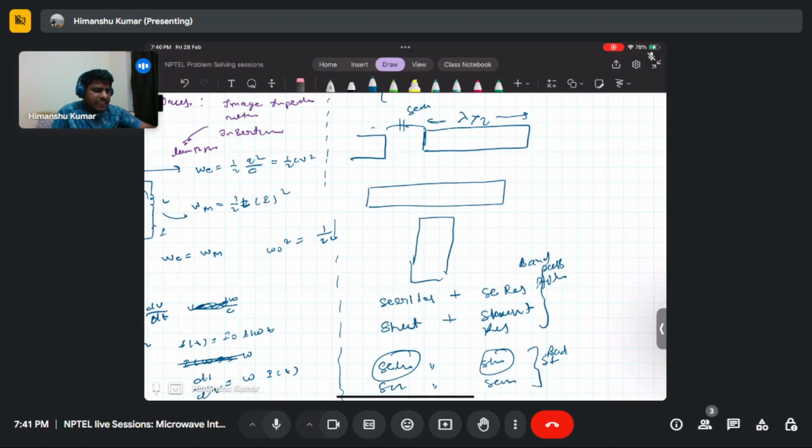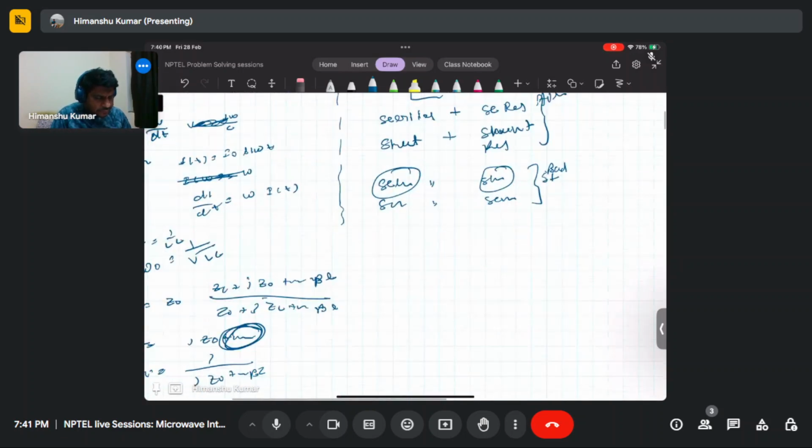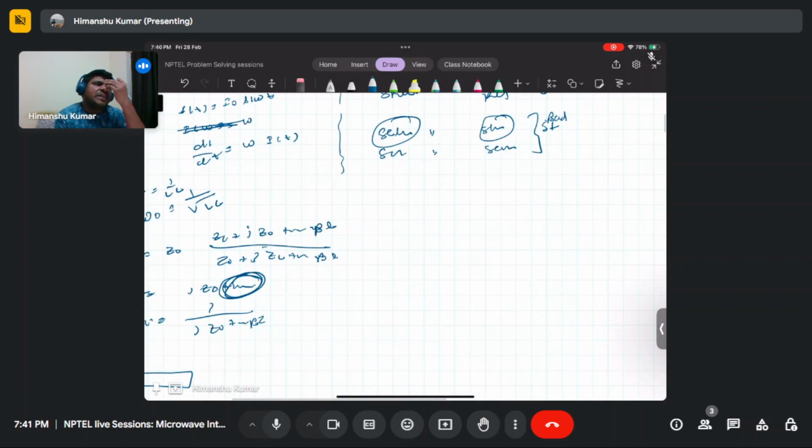Let's say this is a transmission line. It's difficult for open circuited lines.